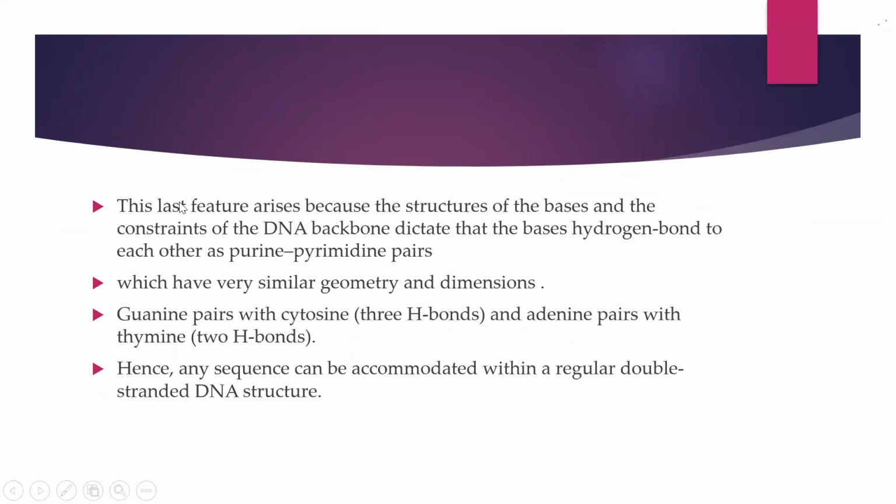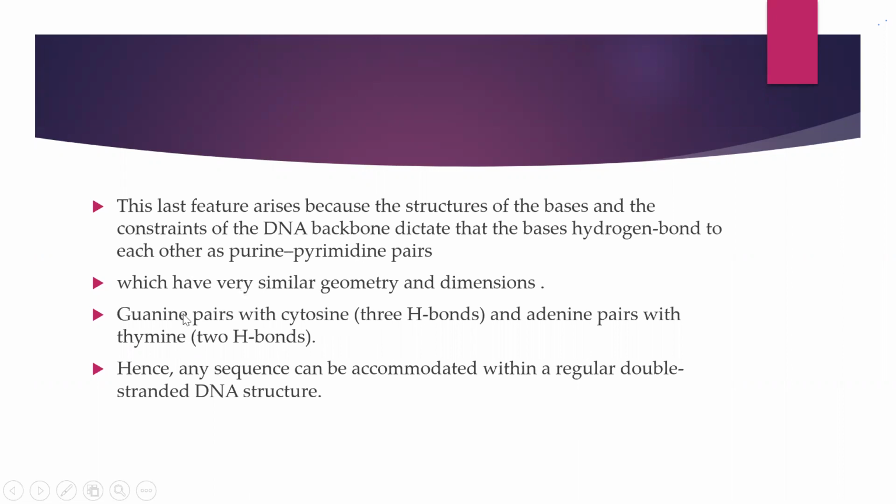This last feature, the complementarity of the sequence, is because the structures of the bases and the constraints of the DNA backbone dictate that bases hydrogen bond to each other only as purine and pyrimidine. And this purine pyrimidine base pairing also happens in the case of bases that have very similar geometry and dimensions.